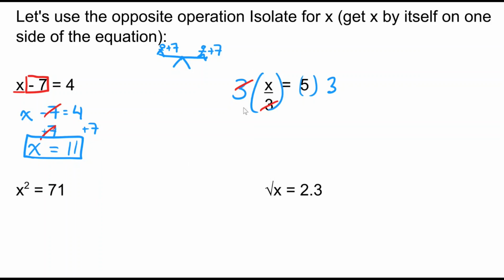So what are we left with on the left-hand side? Well, the only thing we're left with on the left-hand side is x. On the right-hand side, 5 times 3 is 15. And so isolating for a variable, really all isolating for a variable is just trying to move everything other than the x from one side to the other.